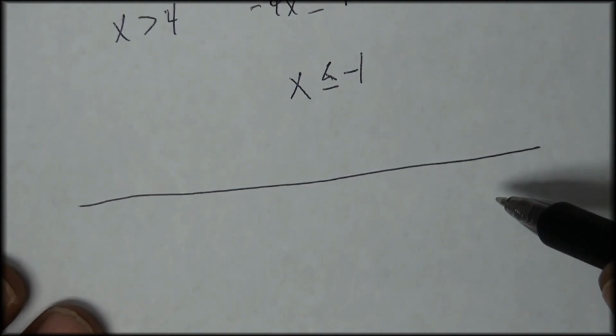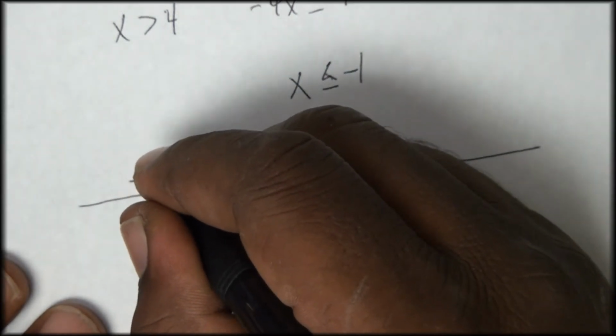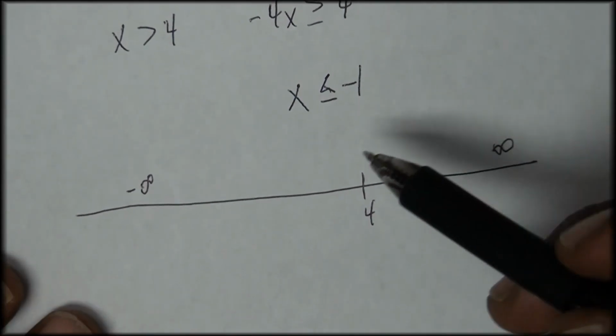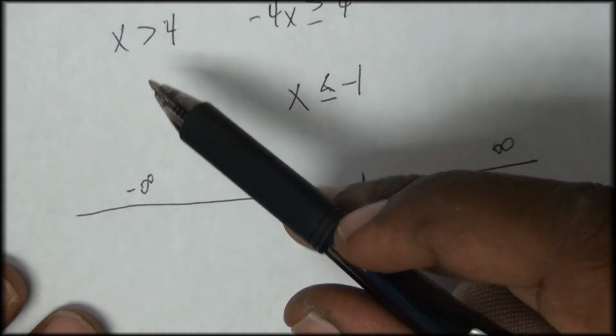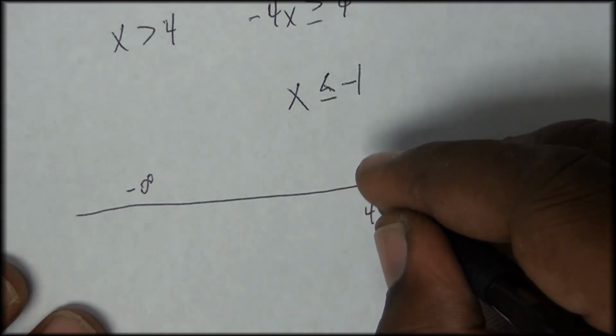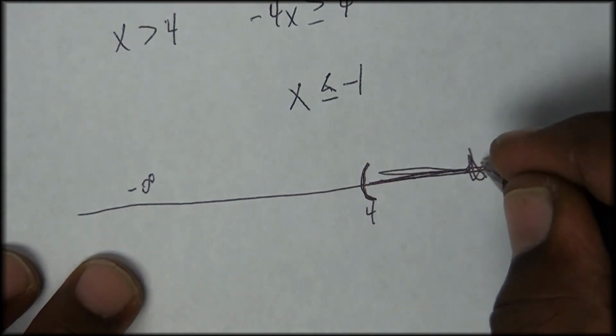So we'll take our first graph, we'll center it at about 4. Negative infinity to the left, positive infinity to the right. We want all numbers greater than 4. So at 4 we have a parenthesis that faces the right. The line also extends toward the right.